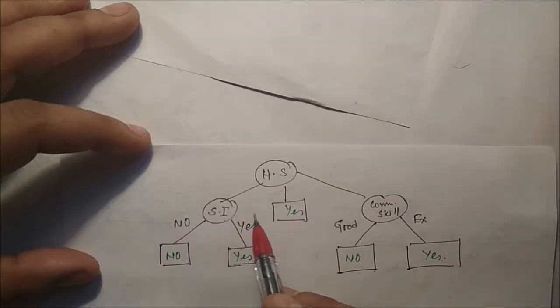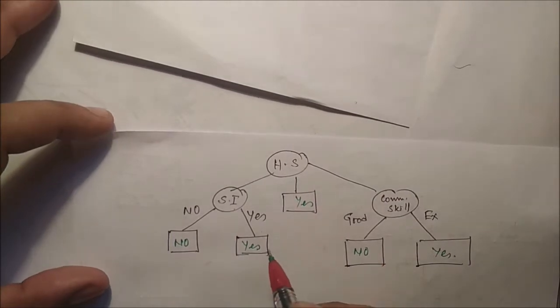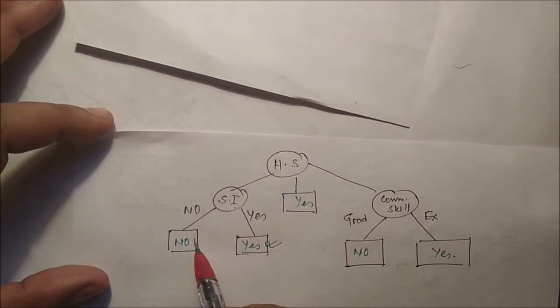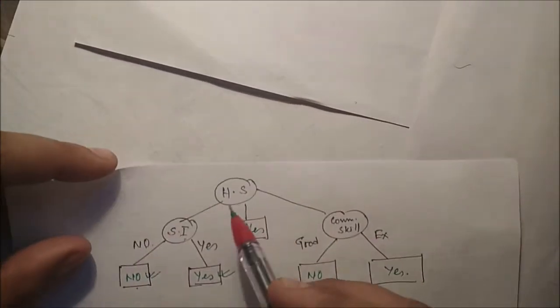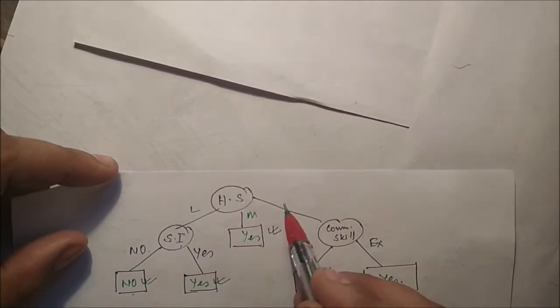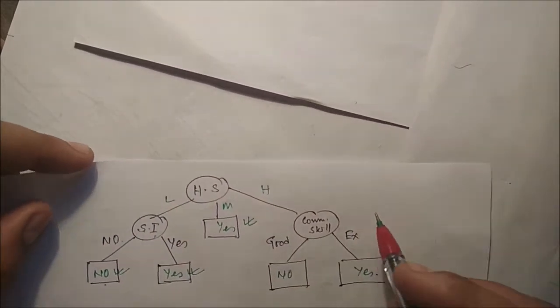If sports interested is yes, then always it is yes, that is, all the class labels belong to the same class. And if sports interested is no, then all the class labels belong to the class no. Similarly for low and medium we have already identified. But if it is high, then once again we have to use the same technique.